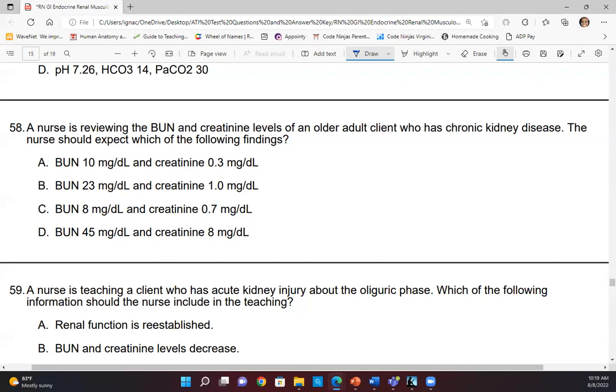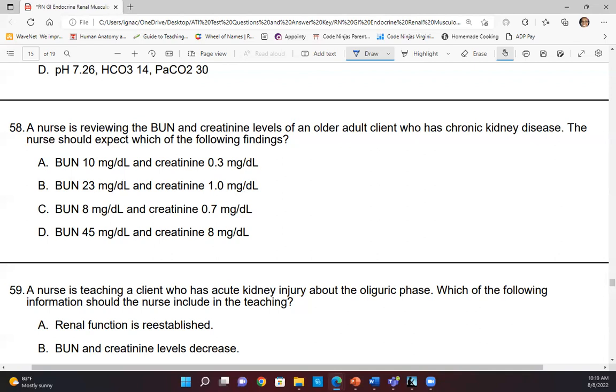So let's take a look at all the choices. A says a BUN of 10. Now I know that that BUN is normal. So automatically I'm thinking that's not going to be a kidney patient with a BUN of 10. The creatinine is 0.3, and that is actually a little bit on the low side, but that BUN is 10.